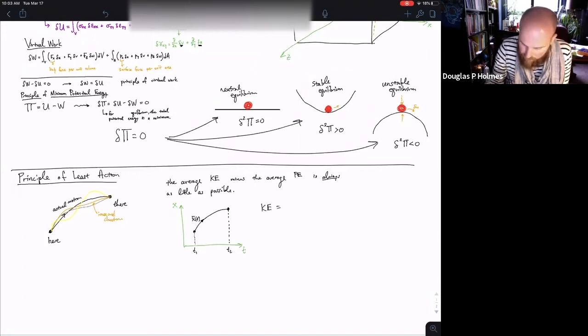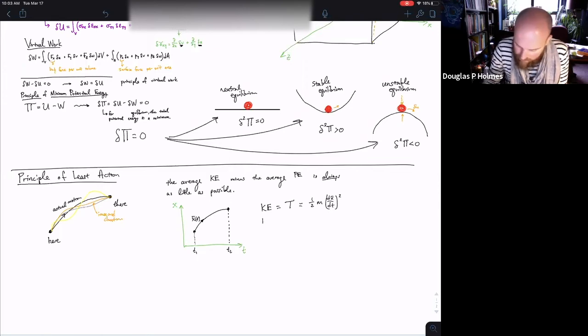This is often referred to as capital T. Since this is just a particle, it's very simple to write down. This is going to be 1/2 m times v squared, but v is going to be the derivative of our displacement vector. So it'll be dx bar dt squared.